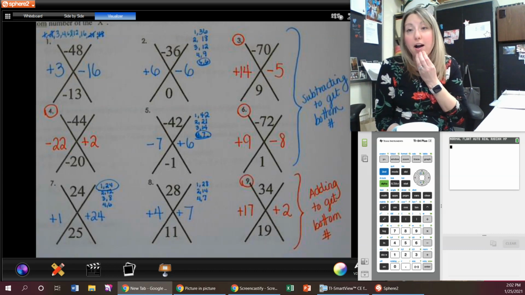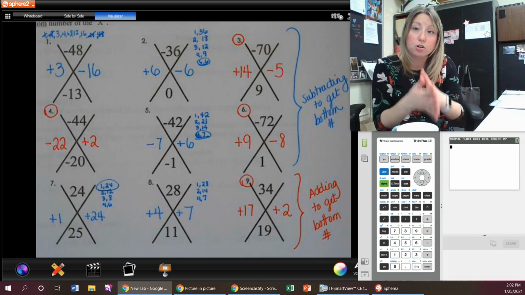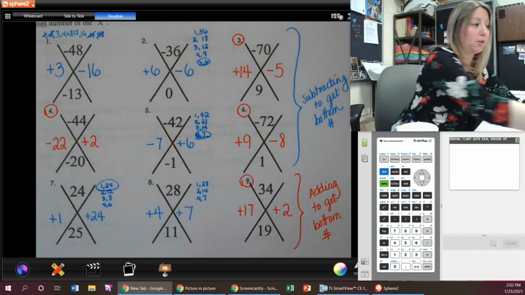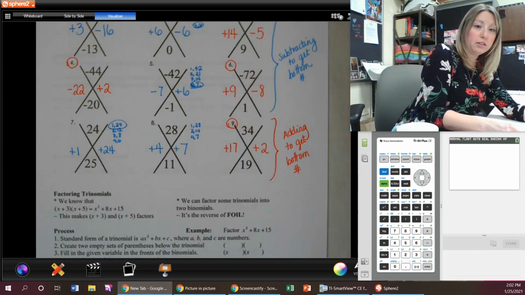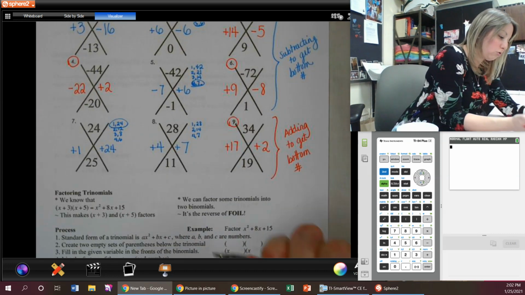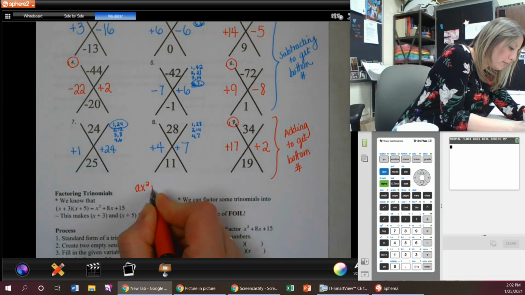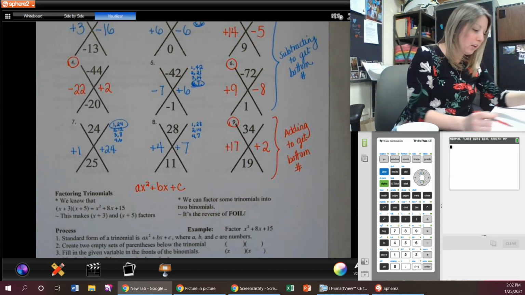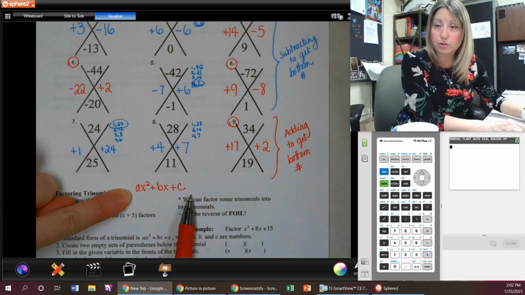Trinomials, of course, are polynomials with 3 terms. The most likely scenario you're going to run into for these 3 terms, so I'm going to zoom out just a little bit here and do some writing, are the combo of ax squared plus bx plus c. This is standard form of our trinomials that we're going to factor.